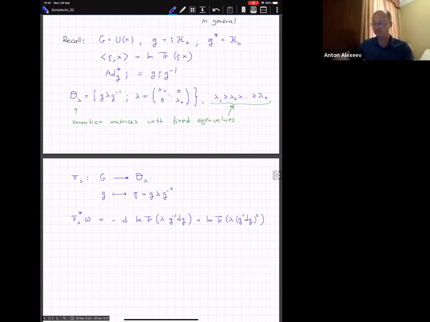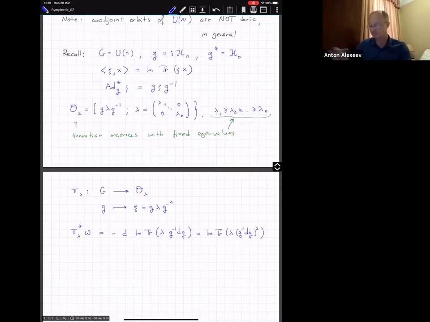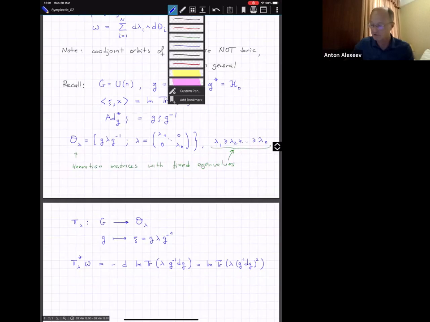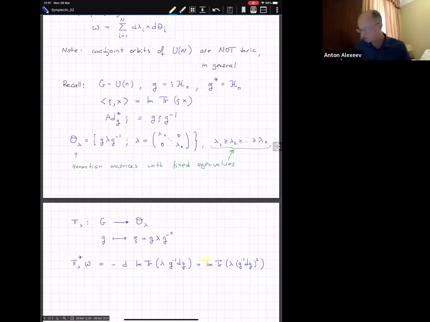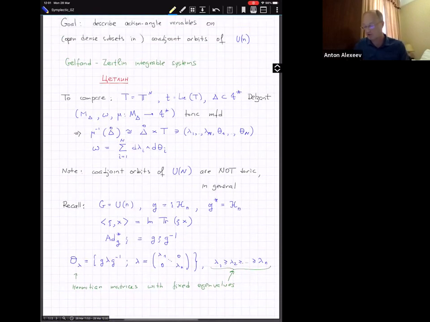Okay, so that's basically the question. Here is this two form, and the question is how to find this type of coordinates, this type of expression for this two form.